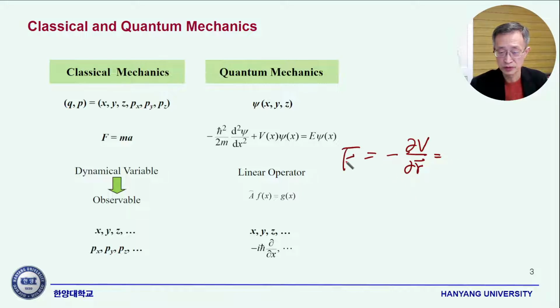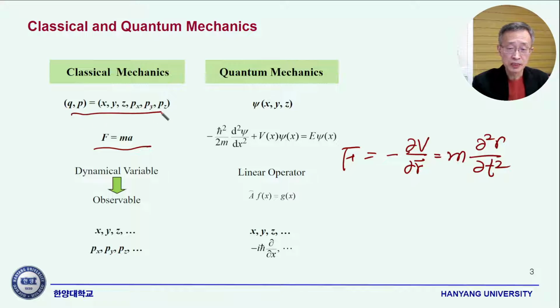Basically, this is force. And then mass multiplied by acceleration, which is like this. Okay, so this is what this is. And these are the dynamical variables. These dynamical variables, we call observables.